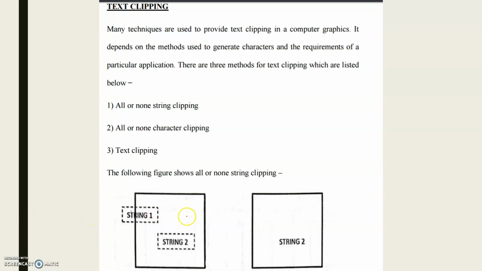This diagram shows all or none string clipping. Okay, this is your string 1 and this is your string 2. In this, string 1 will be discarded, and string 2 will be shown on the output window.